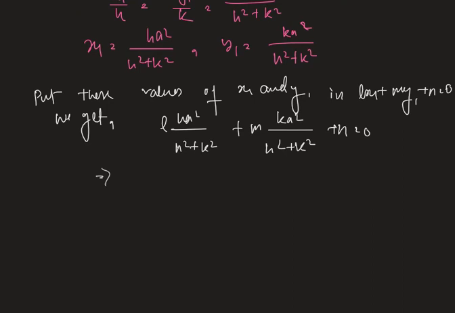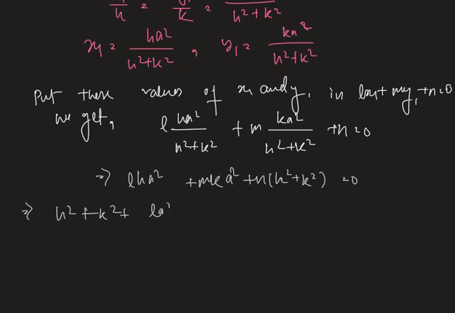Therefore, after solving this, we get L h a square plus M k a square plus n into h square plus k square is equal to 0, and then we get h square plus k square plus L a square divided by n into h plus M a square divided by n into k is equal to 0.